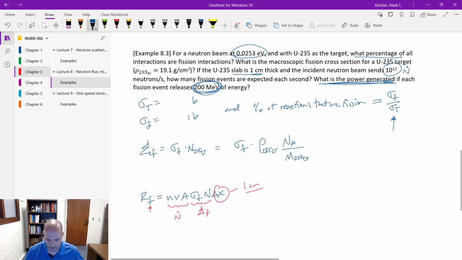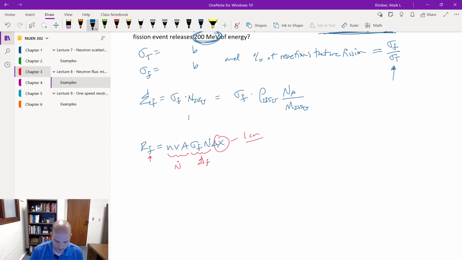So for this last part, the power is going to be whatever that reaction rate is that we find from the previous part, and we multiply that by the energy of a single fission event, and that's going to be my 200 MeV. And we should have units of watts by that time. So we have an energy, MeV, per second. So an energy per time is a power.